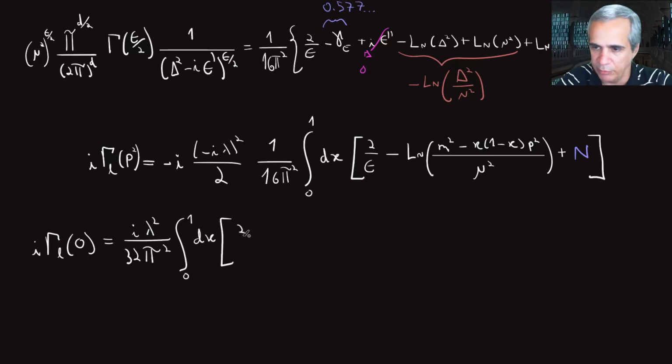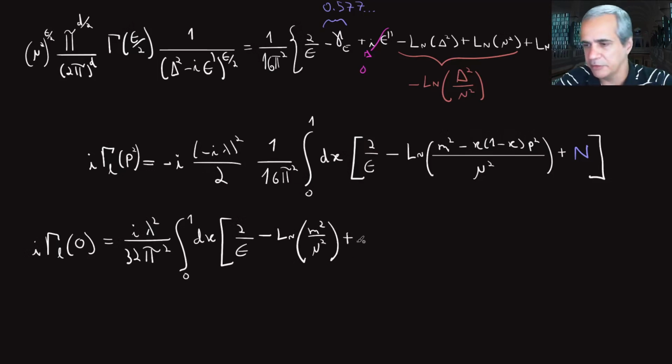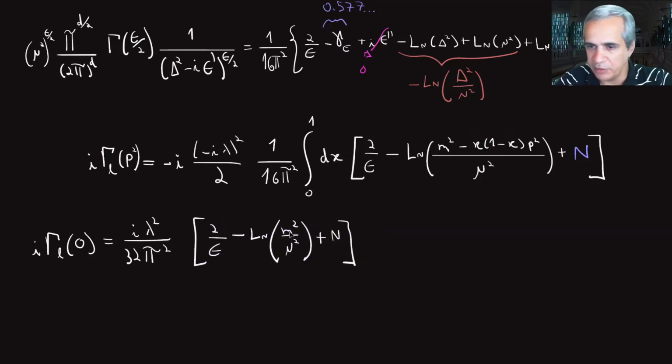But now with p going to 0, so this whole piece goes away, and I'm left only with the log of m squared over mu squared, right? Plus numbers, I don't care too much about, right? And this, of course, is integrable in x in a pretty trivial way, because there's nothing depending on x anymore. And also it's just from 0 to 1, so this is the result of the integral, right?